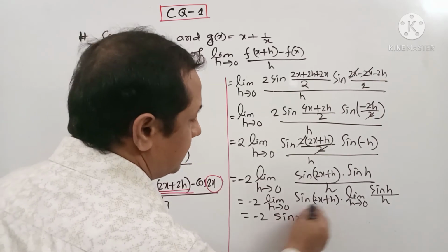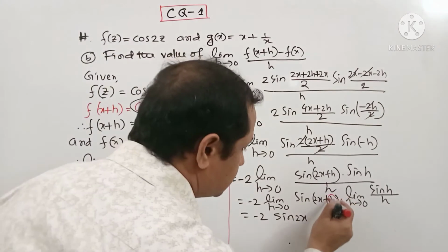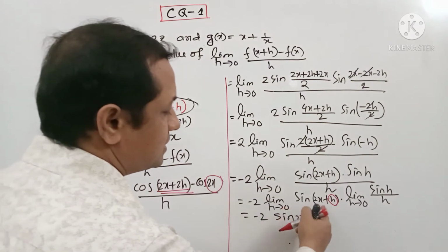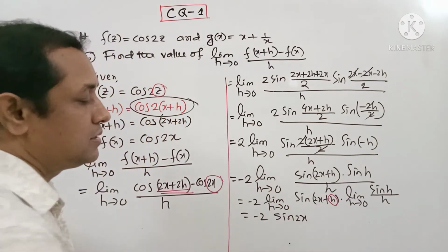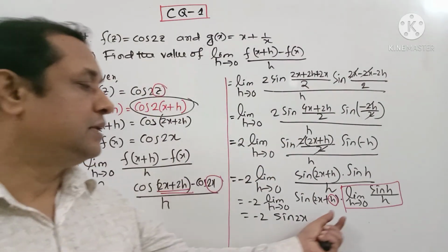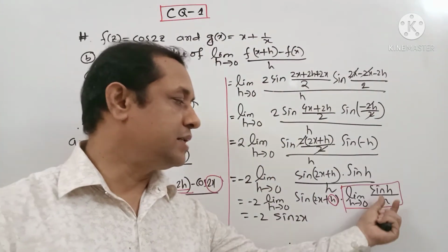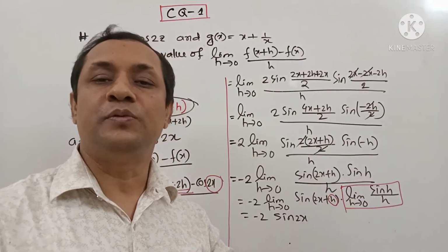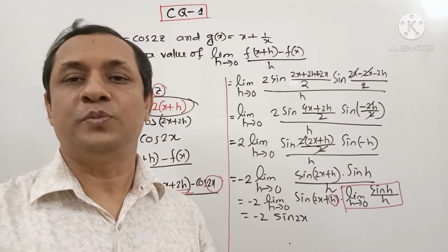Here h is 0, so we have sin 2x. And using the formula, student, limit h tends to 0 sin h by h, this value is 1. This is the formula.